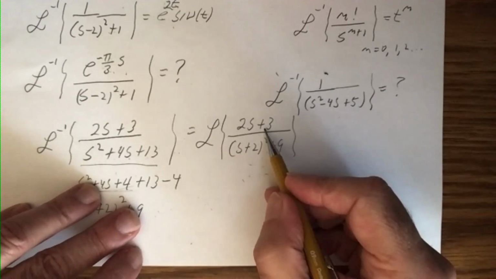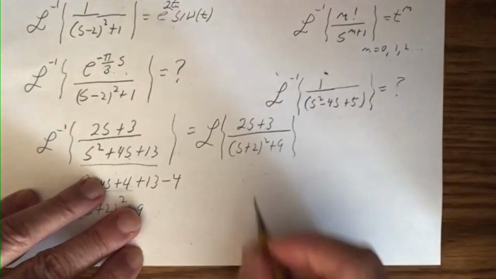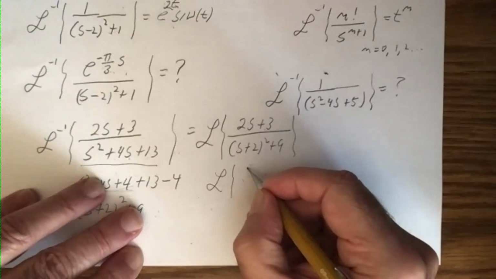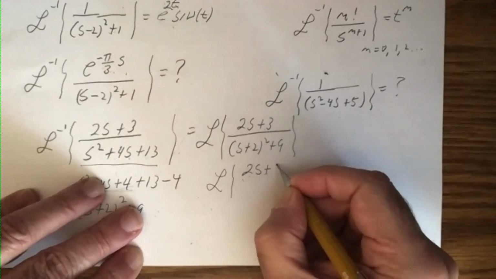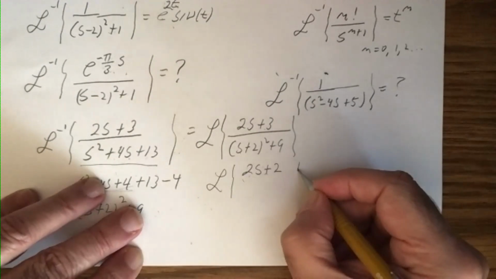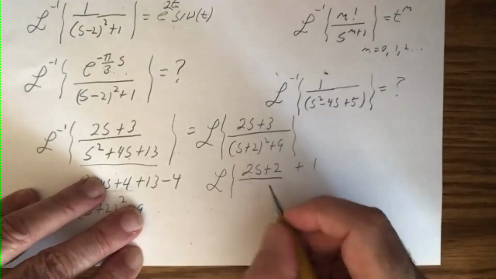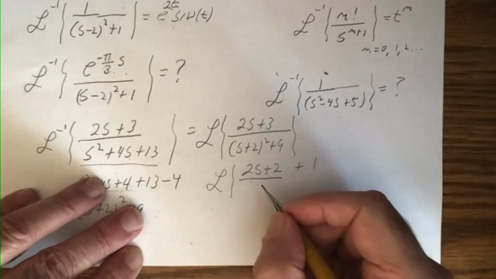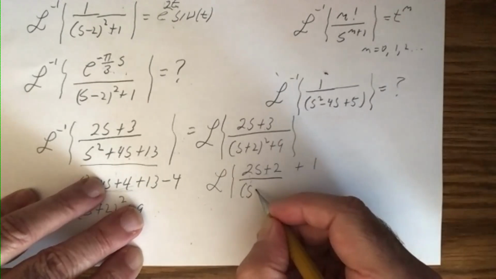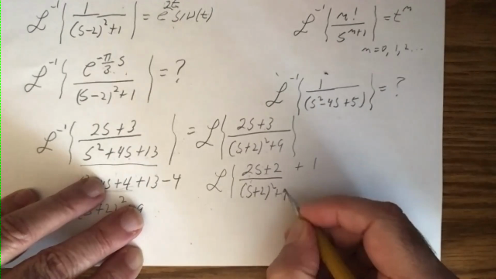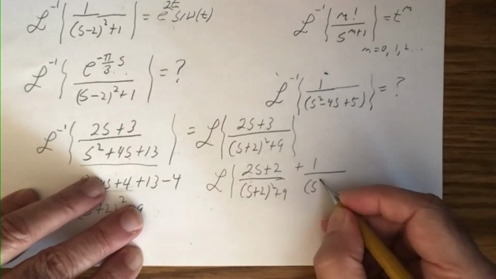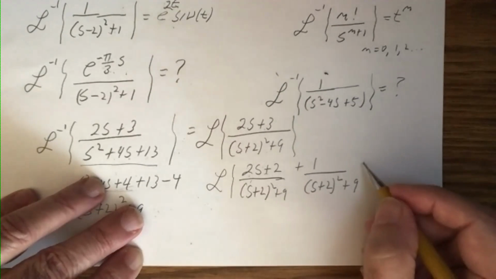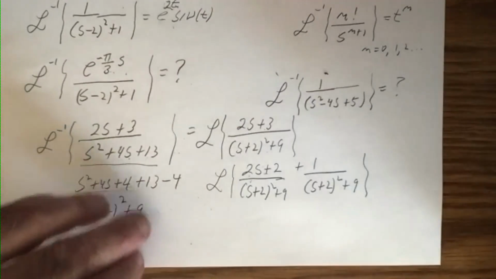What's the best way to do this? There's more than one way of doing this. I'm going to write this as 2s plus 2, plus 1. Now I have s plus 2 squared plus 9, and over here I have s plus 2 squared plus 9.